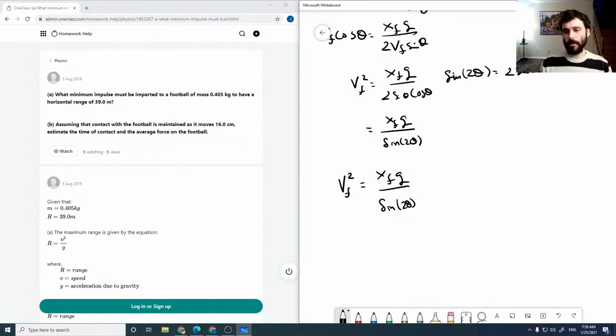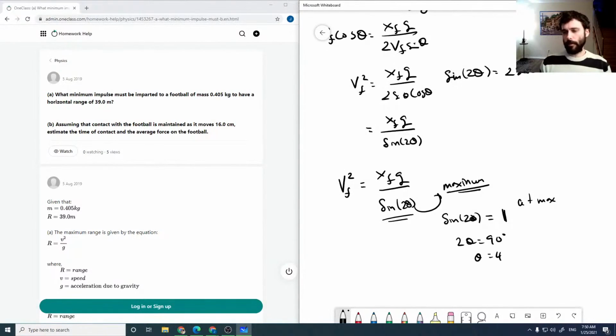Our G is a constant. So the only thing we can really minimize is our sine 2 theta, or our 1 over sine 2 theta. So this will be a minimum when this is a maximum. All right, because if this gets any smaller, then this needs to get bigger. So sine 2 theta, but sine can only be between minus 1 and 1, so sine of 2 theta is a 1 at maximum. So then 2 theta equals 90 degrees, so theta equals 45 degrees.